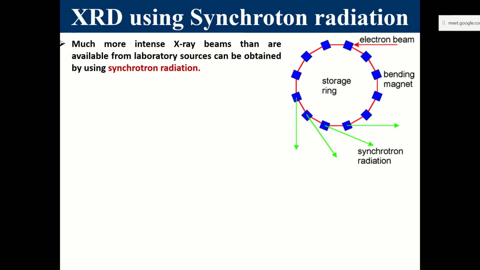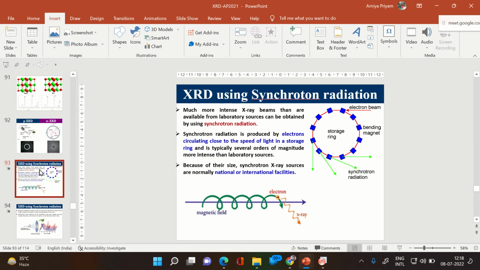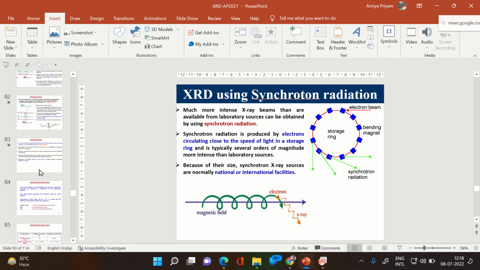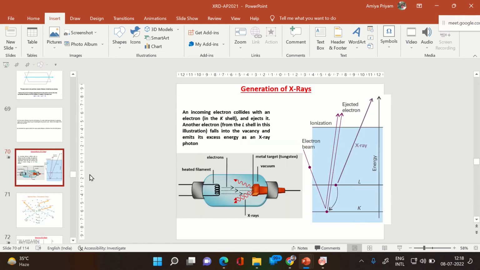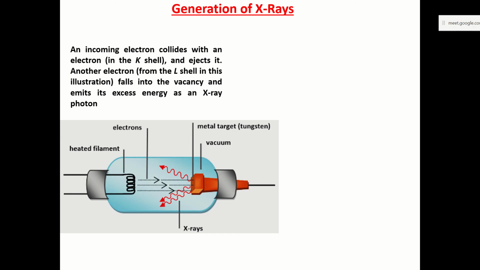Now coming back to X-ray diffraction, the instrumentation part that I was discussing earlier, I told you how X-rays are generated. If I go to the previous slide, you can see the generation of X-rays is done through this, in a typical setup in a laboratory. It is done by a heated filament.